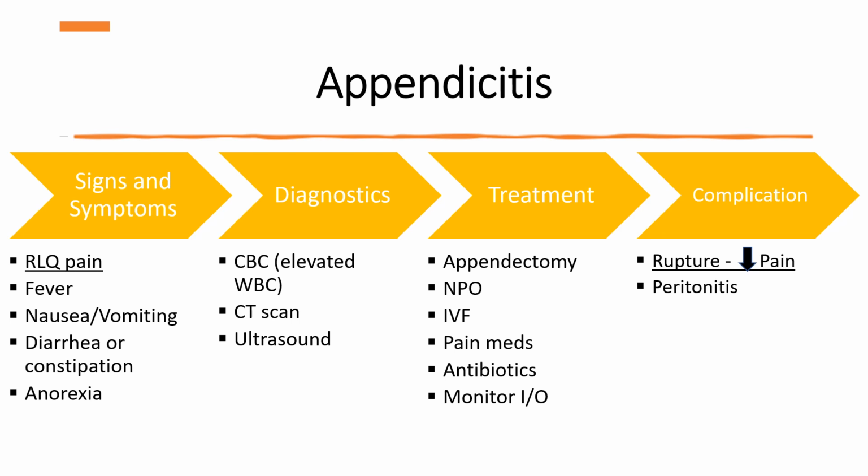So if your patient's pain suddenly resolves or improves with flexing their hip, it's suggesting a perforation. You need to call your doctor. Another complication is peritonitis. So the treatment is the surgical removal of the appendix, which is called an appendectomy.